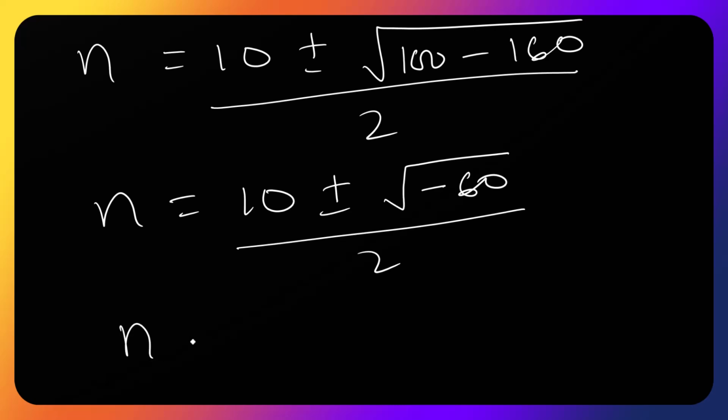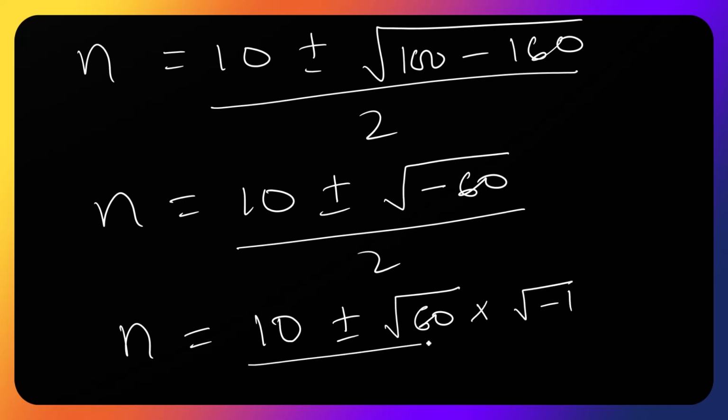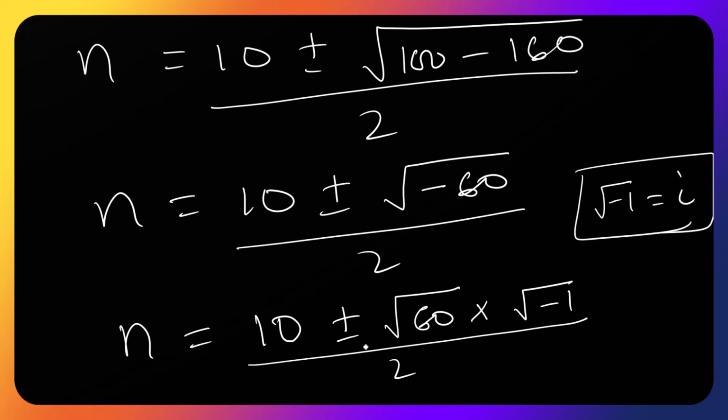So we can proceed further. 10 plus or minus, remember, this is the square root of minus 60, which is the same as the square root of 60 times the square root of minus 1, on 2. From complex numbers, the square root of negative 1 is simply i. So in place of this, I'll put i here.